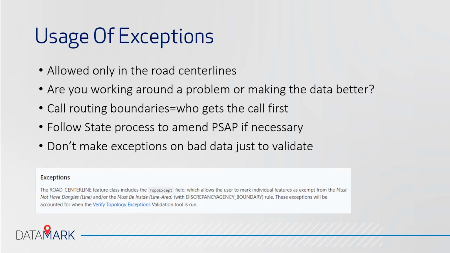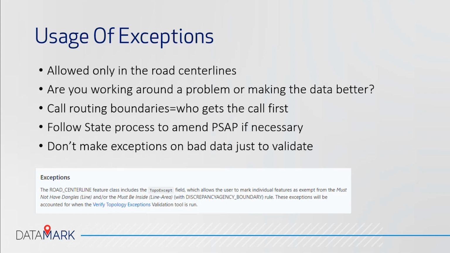What you don't want to do is overload the data with exceptions, because what happens is when you say this data is an exception, it doesn't get validated, right? So whatever has an exception means that it's not going to be run through the toolkit. It's not subject to the same validations that the rest of the data is.